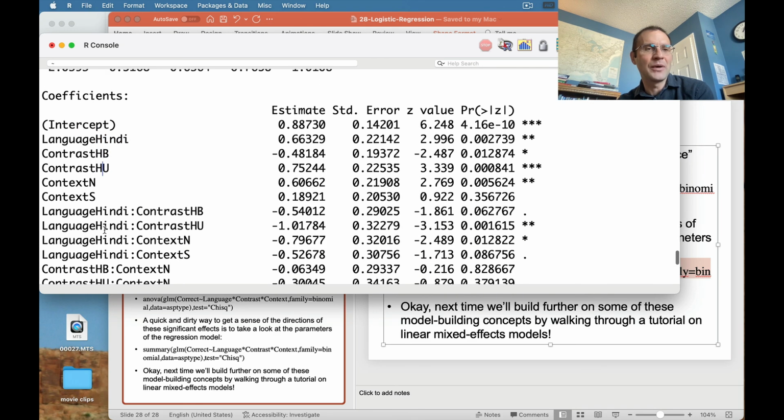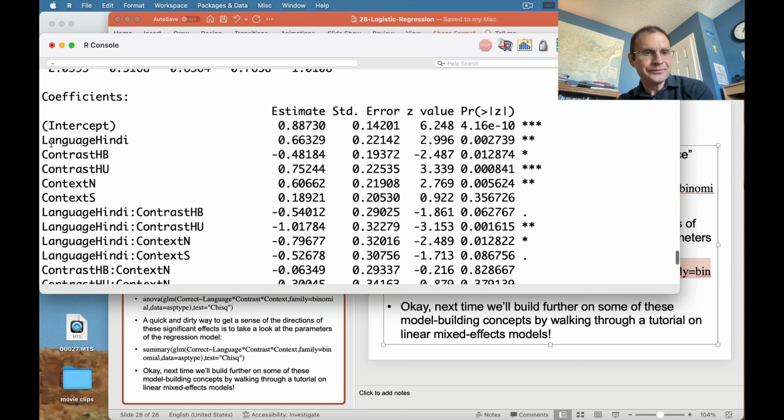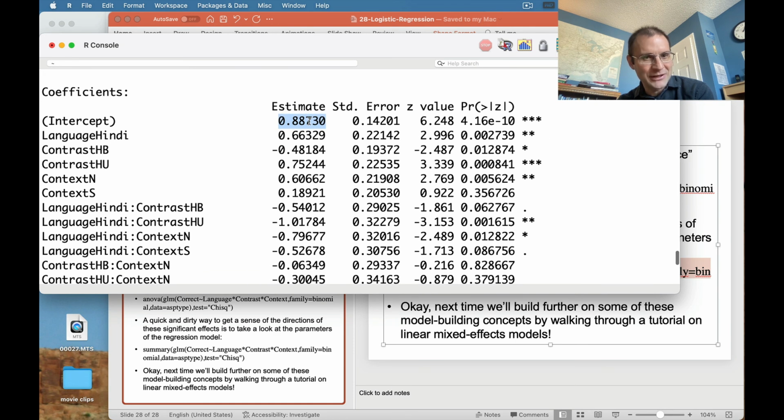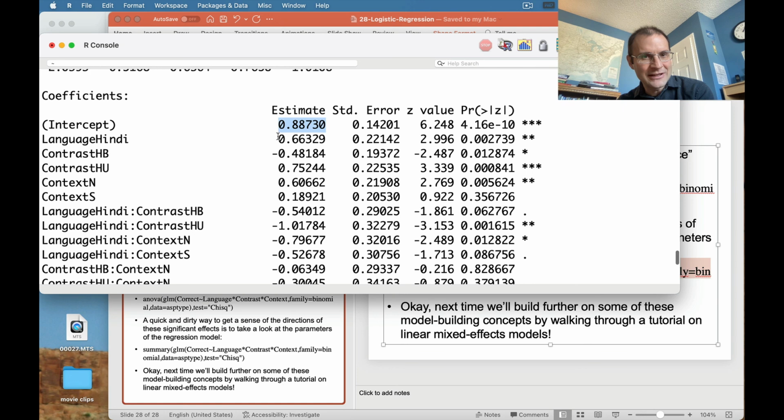But then you got to figure out, well, I think there's one significant level pairing for that interaction, which is Hindi and HU. So what that is basically saying, here's our default log odds ratio for the English speakers, and the Hindi speakers look like they're doing better. They get a positive addition to that.